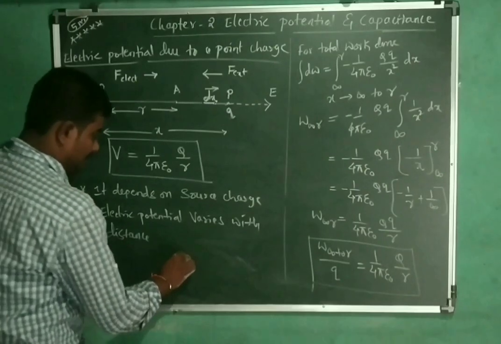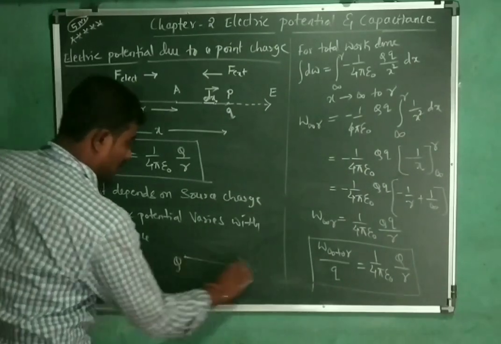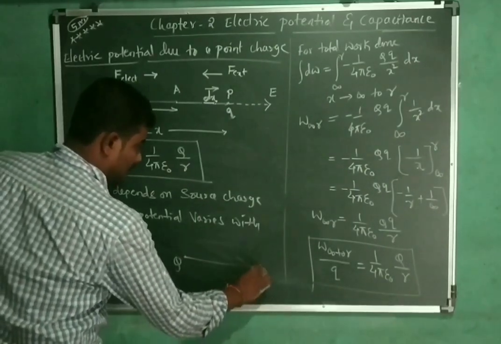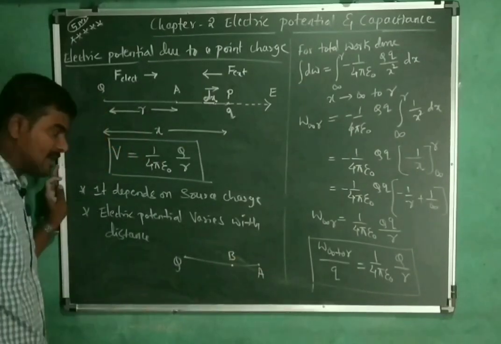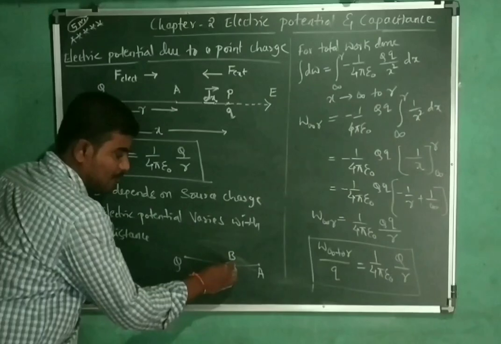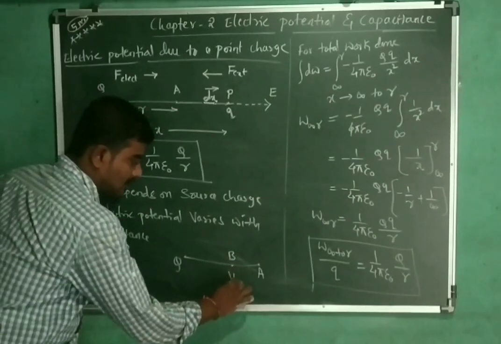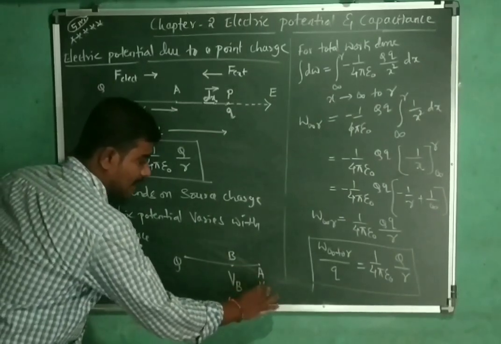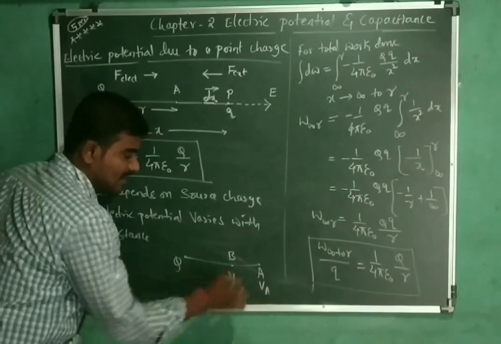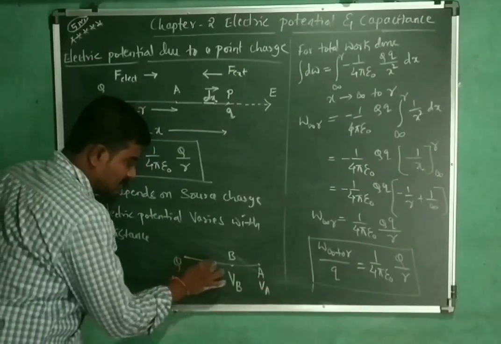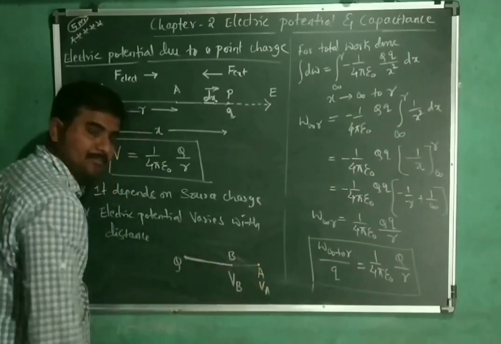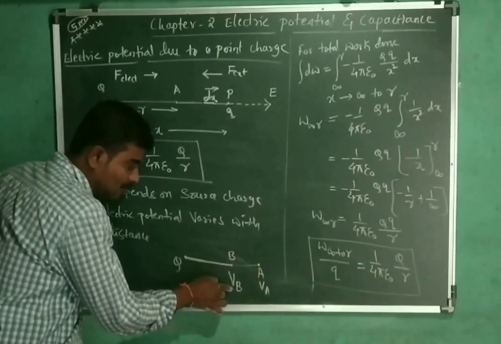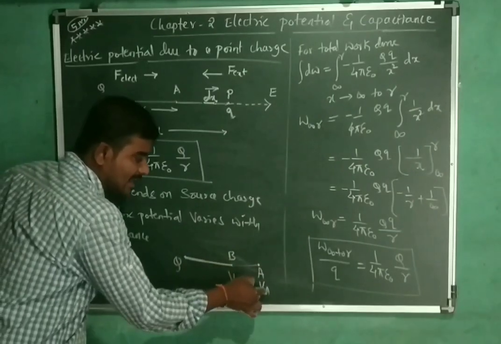See, if this is a source charge, and say this location is A and this location is B, where is electric potential maximum? At the B location electric potential is maximum. Let us call them VB and VA. VB is greater than VA because the distance between the source charge and the point is less here and more here. Therefore electric potential at B is more and electric potential at A is less.